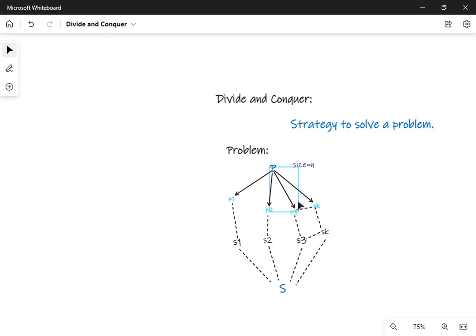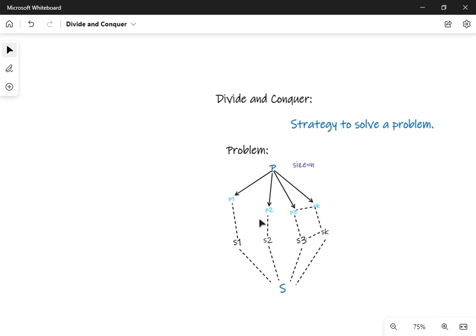Let me tell you a practical life example. For example, there is a farewell in your college. The problem is the farewell party, and in the management one person has to take cards, the second person has to take passes, the third person has to take food, the fourth person has to take the decorations.